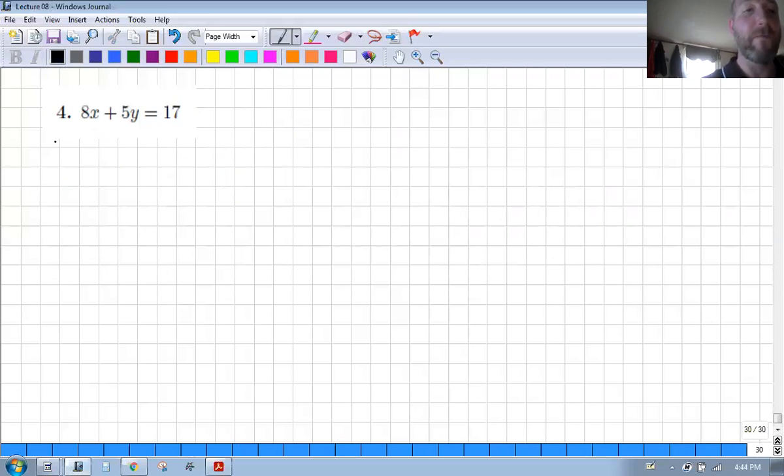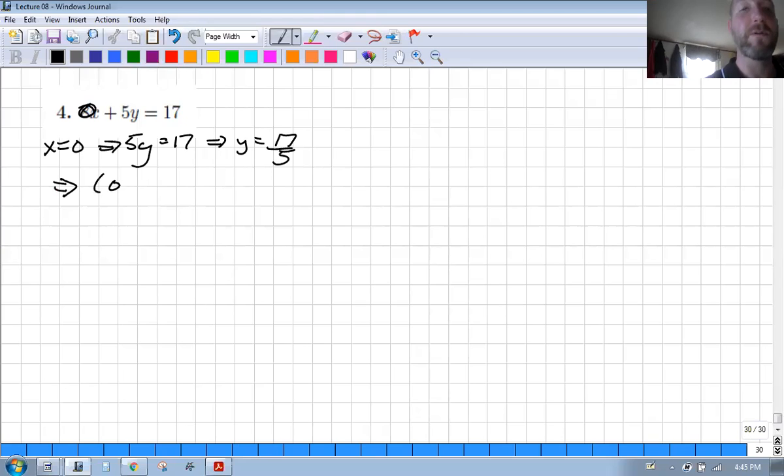All right. If x is 0, then 5y is 17. So y equals 17 fifths. So 0, 17 fifths. This is our y-intercept.